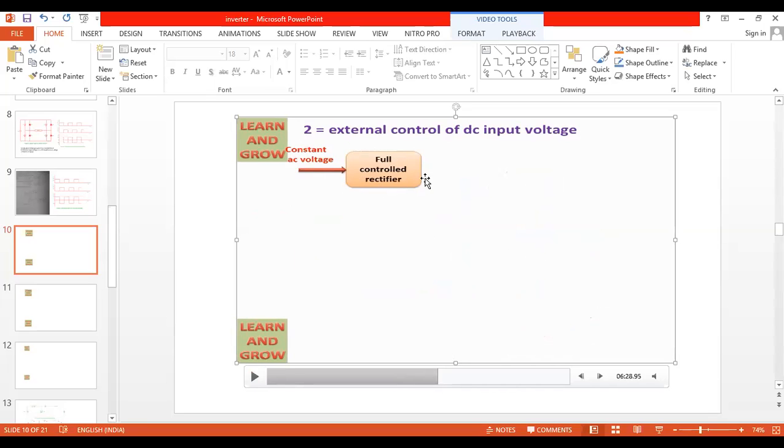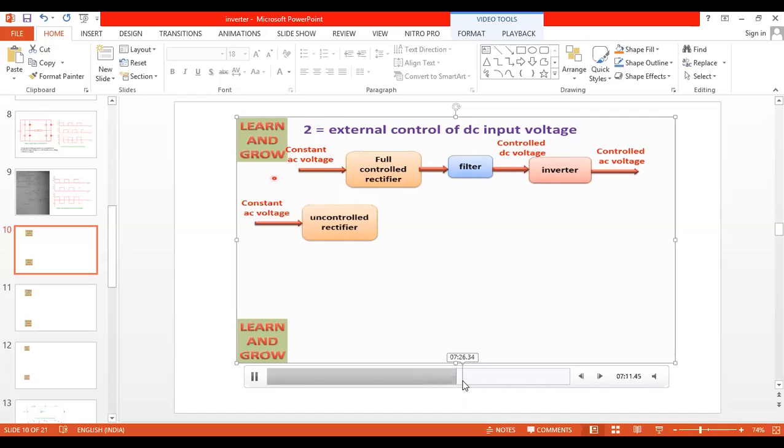We convert AC to DC, but we require variable AC. So first AC is converted to DC. This is one method, and then for DC we must have pure DC, so filters are placed, and then that pure DC is given to the inverter. This inverter is a power electronic inverter, which provides variable AC or controlled AC voltage. Always controlled AC only is given to the load.